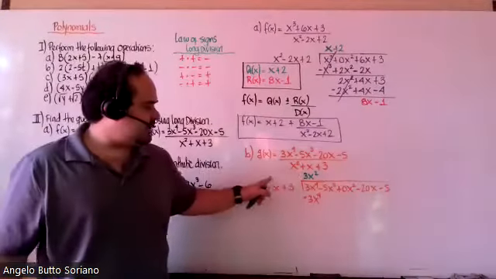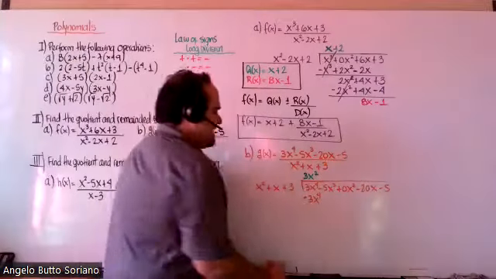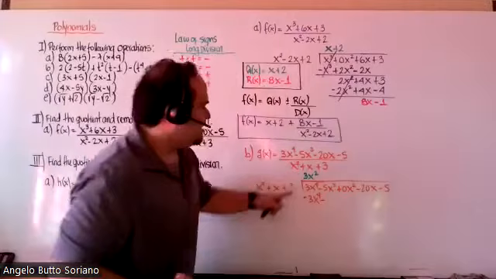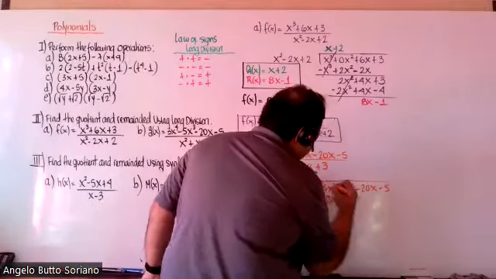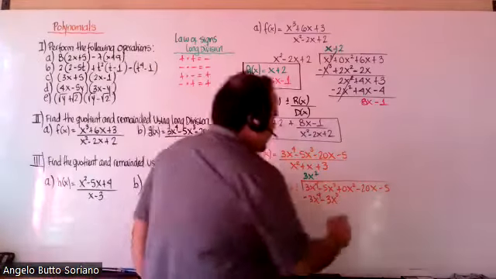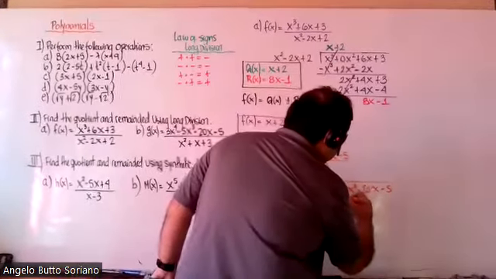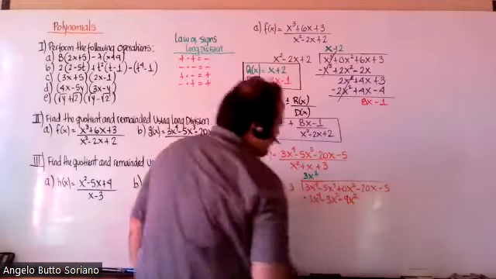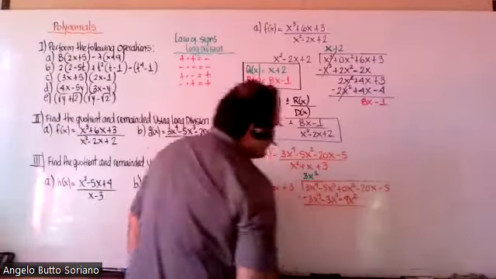Again, positive, positive, positive, positive, but in this case it will be negative. Negative what? 3 times 1, 3x cubed. And finally, positive times positive, this is going to be negative 3 times 3, 9x squared.